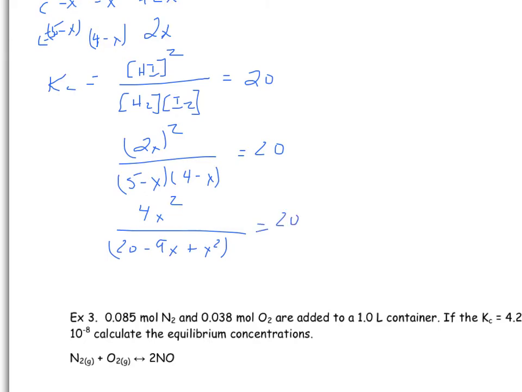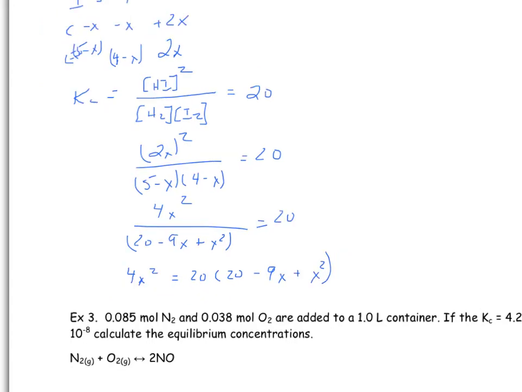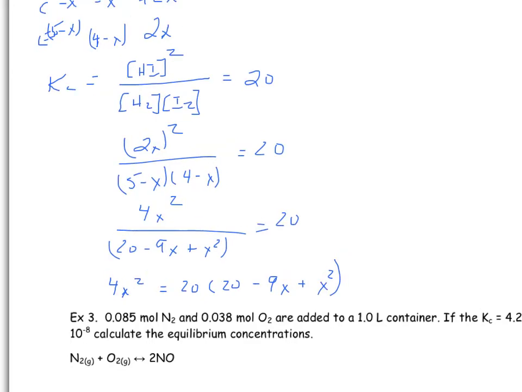I would then take this bracket and move it over to this side to get it out of the denominator. I would then have to expand my 20 over the 3 terms using distributive law.